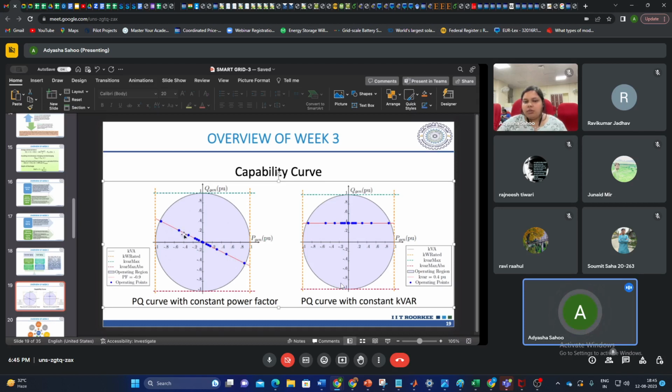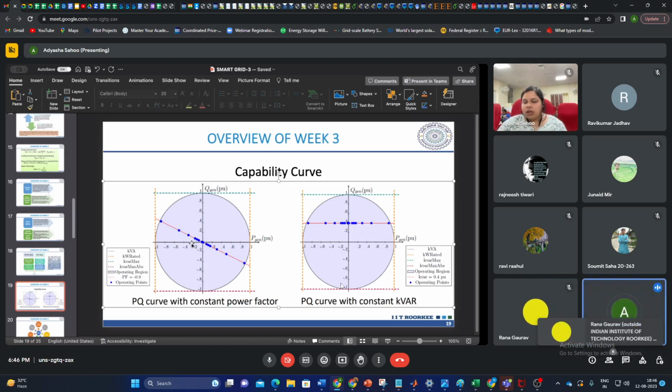Constant power factor means the ratio of P to Q is the same. You can see at each operating point, the ratio will be maintained the same, so that the power factor at the point where it is connected is maintained. So this type of operation we call constant power factor operation.